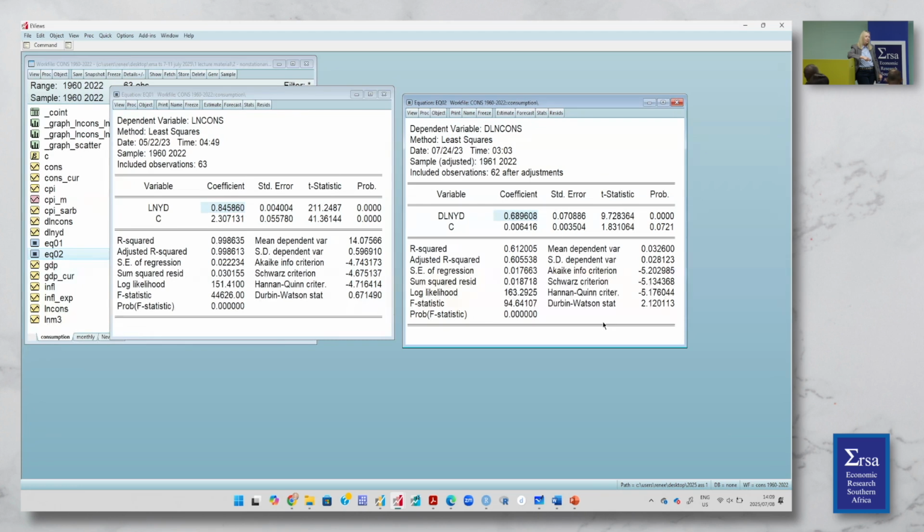Yes. Just say that again, Prof. Just explain that coefficient. Remember this coefficient, we interpreted it as a 1% change in YD leads to a 0.84 percentage change in consumption. So the coefficient is already a percentage change. But now the variable is a change of a change, a percentage change in a change. So it's the rate of change.